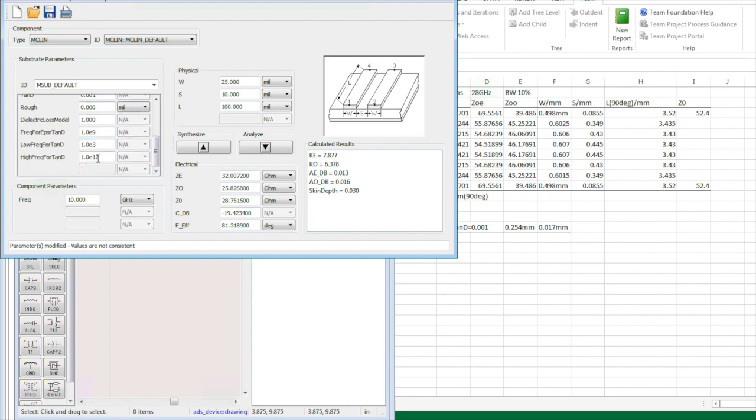The frequency does not have a big influence, but this one really has a big influence: the center working frequency is 28 gigahertz, and we want the electrical length to be 90 degrees, right? As we talked before.